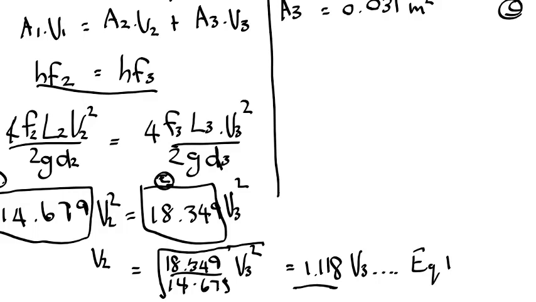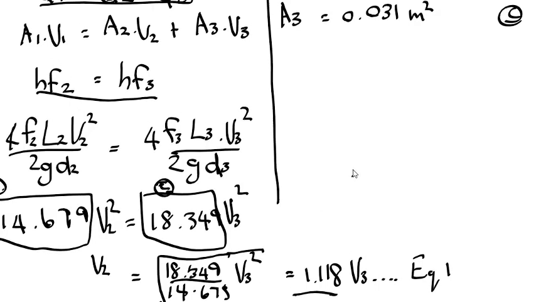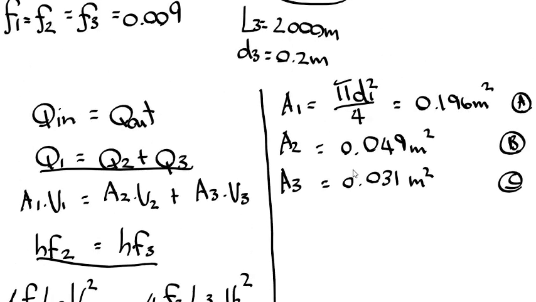So now we have that, but we still need to do some other calculation. We still need to determine what the velocity will be in pipe 3. So how will we do that? We can have a look at what we did previously. What's known? We know that Q1 is equal to Q2 plus Q3.